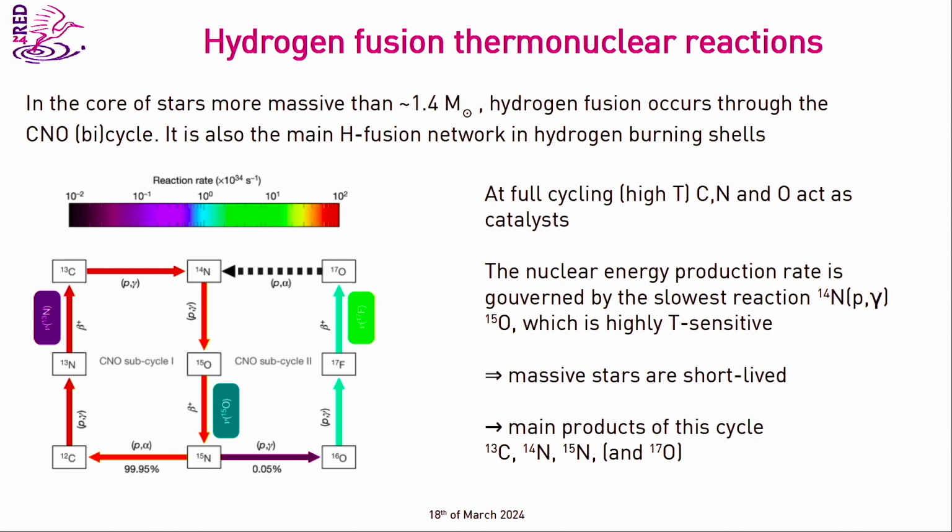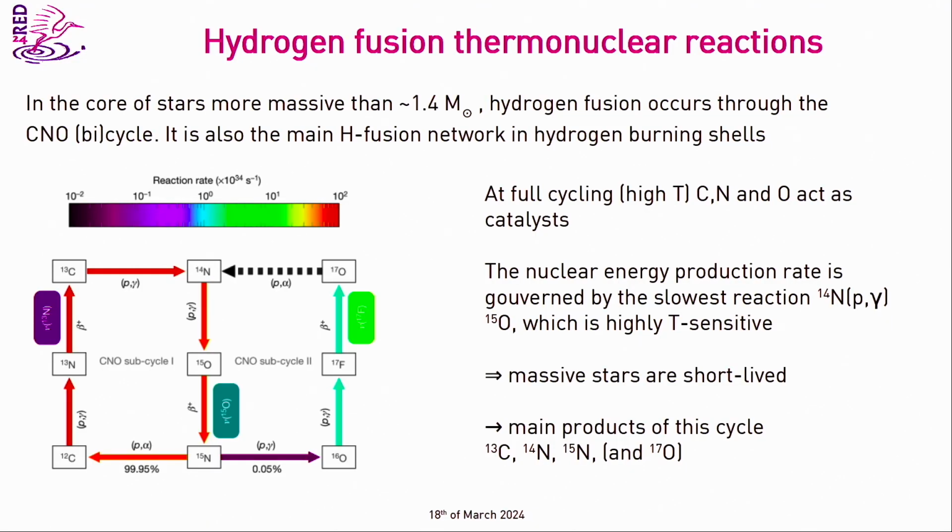Okay? Either you just grab a proton and you emit a photon, and then you go up in your valley. Otherwise, you emit an alpha particle, and so you go down in your stability valley. Okay?